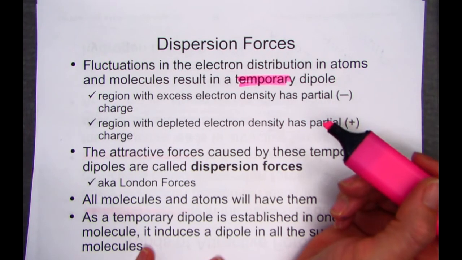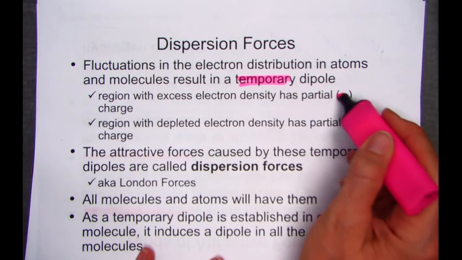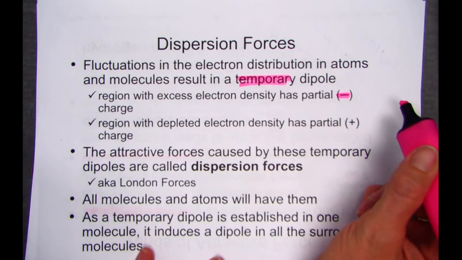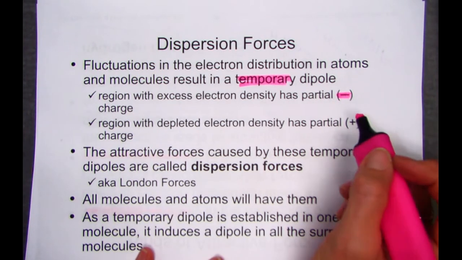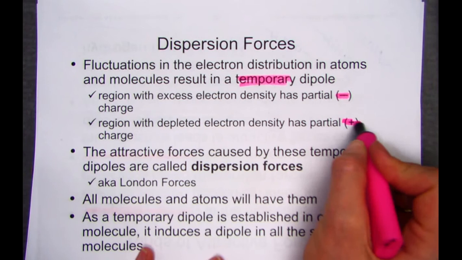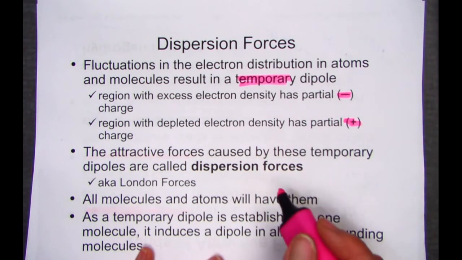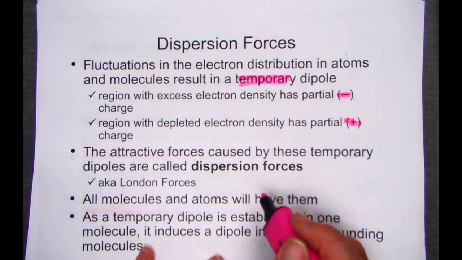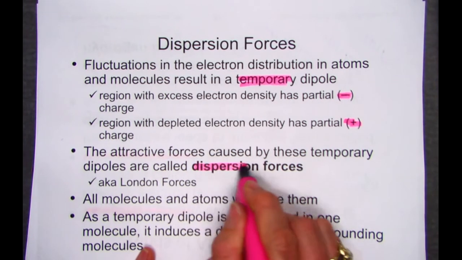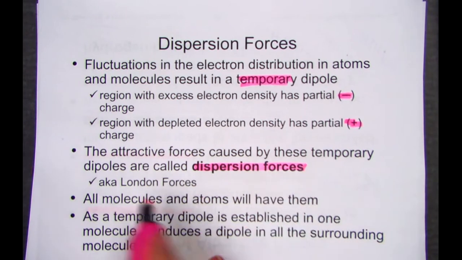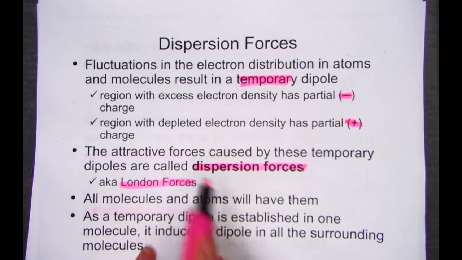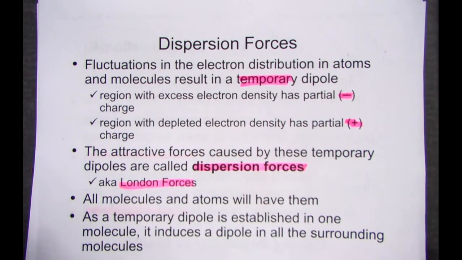In a region that has excess electron density, we're going to see it develop a negative charge. In a region that has depleted electron density, it will have a positive charge. The attractive forces caused by these temporary dipoles are known as dispersion forces. I always hear them called London dispersion forces.